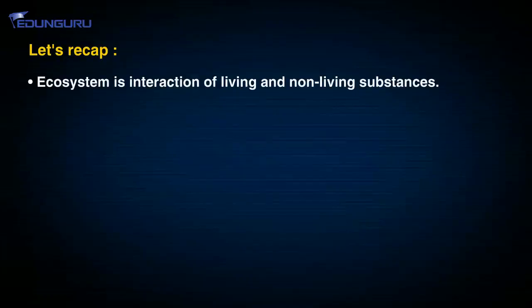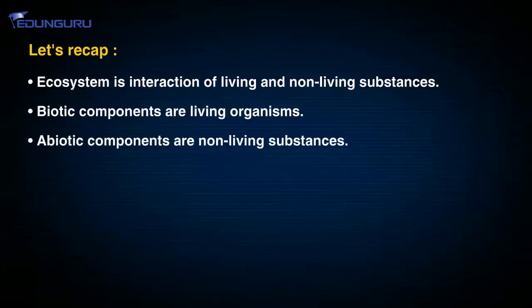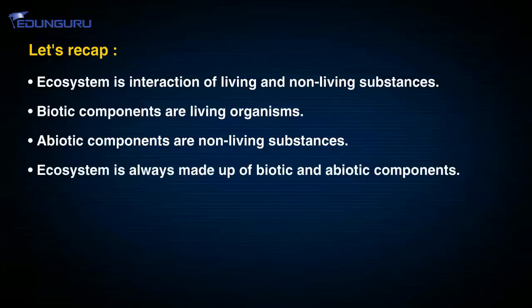And now, my dear students, let us summarize all the important points. Ecosystem is the interaction of living and non-living substances. Biotic components are living organisms. Abiotic components are non-living substances. Ecosystem is always made up of biotic and abiotic components.